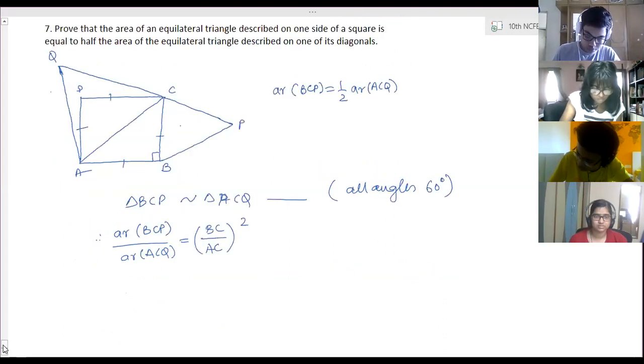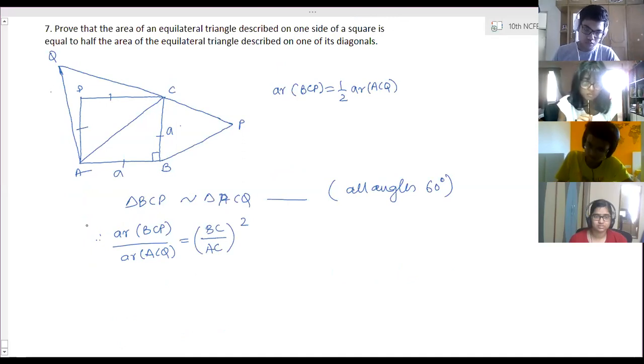Now, what is the relation between BC and AC? If we consider AB, BC, CD, AD as a, what is the AC distance? Root 2 a. Root 2 a, by Pythagoras theorem.